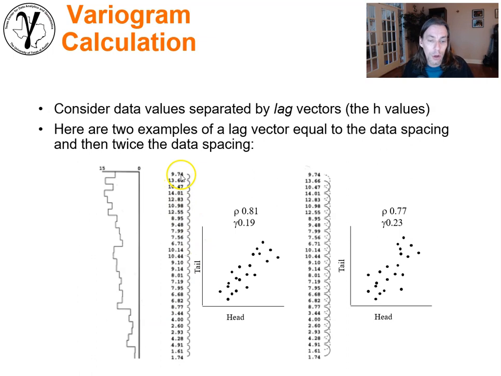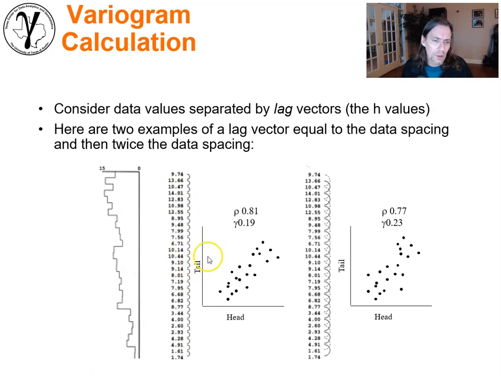Now we could go through and take every one of those pairs and plot them, the head value, the tail value, the head value, the tail value. We would get this scatter plot right here, and we would see immediately that the variogram value is equal to 0.19, because we assume that the data has been standardized to have a variance of 1 before we did the variogram calculation within the calculation program. And you can see the variance is not equal to 1 for this data, of course.